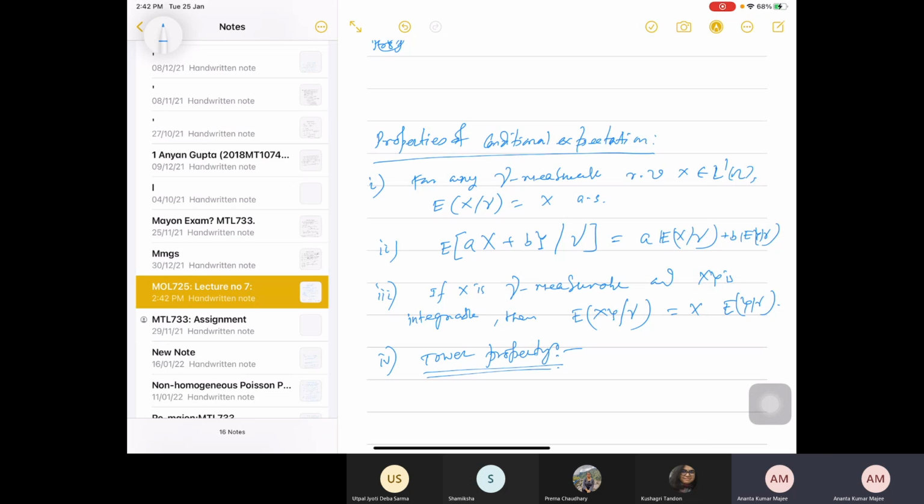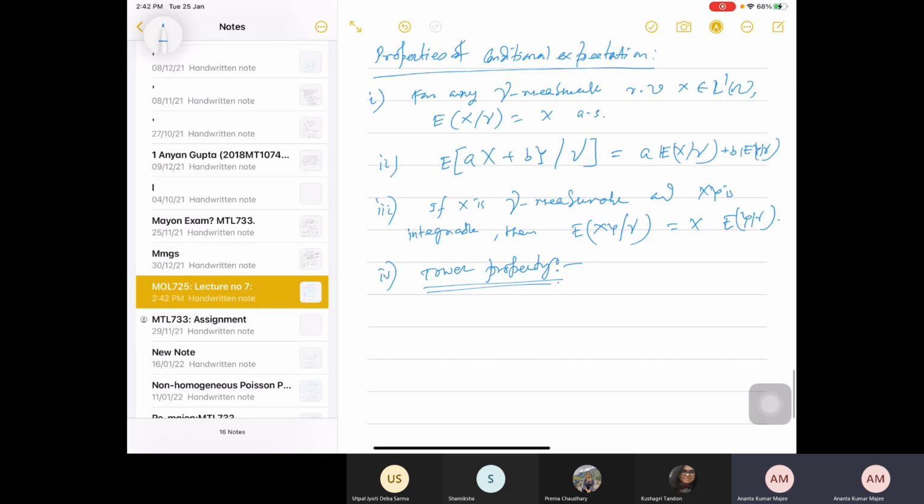This tower property will be clear if you think of it pictorially. What it says is that if you first take the conditional expectation on a bigger sigma algebra, and then consider the smaller sigma algebra, this is the same as considering the conditional expectation on the lower sigma algebra, because of the projections and so on.